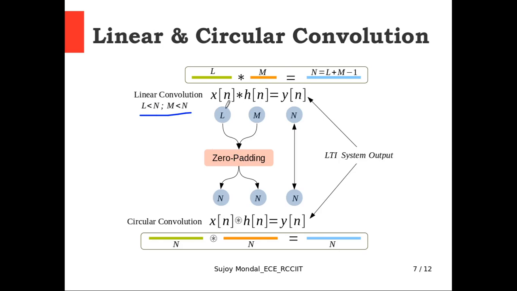If we do zero padding, L can now be made equal to capital N. So originally the sequence length is less than capital N, and after appending zeros at the end, we make the sequence length exactly the same as the length of the linear convolution output. Similarly, through zero padding, we can make the impulse response a full N length sequence as well. Then we do circular convolution, which will produce exactly the same answer y[n] that we already achieved through linear convolution. So here all the sequence lengths are the same. Here they might be different, so the result would also be different.